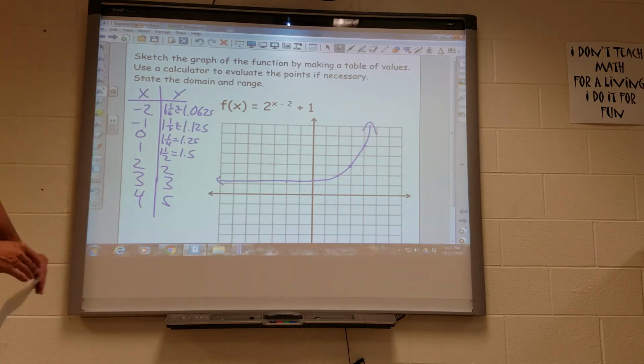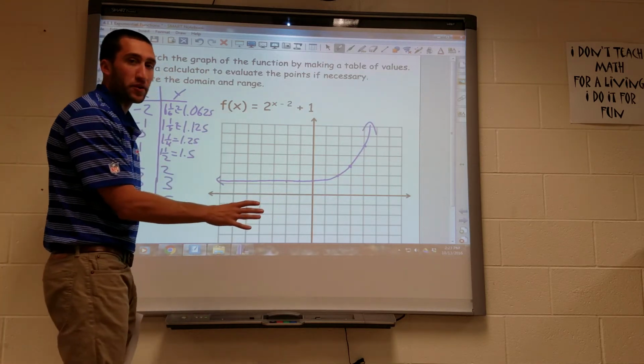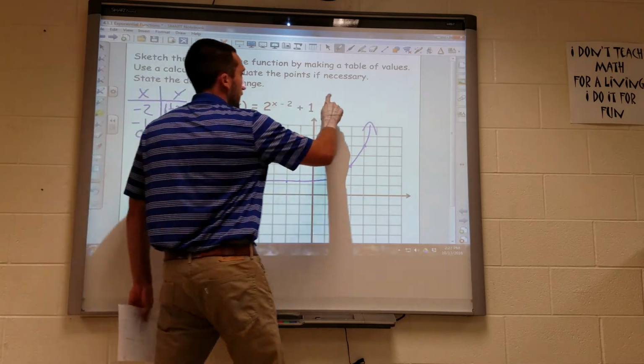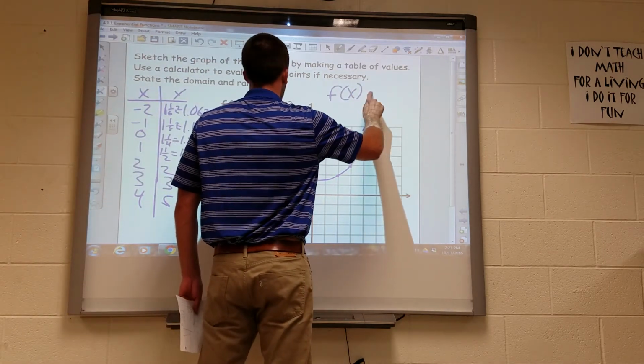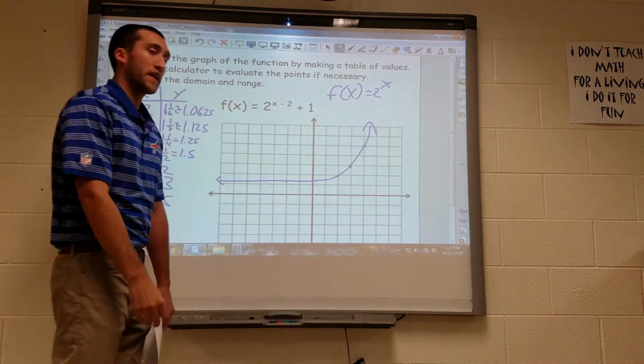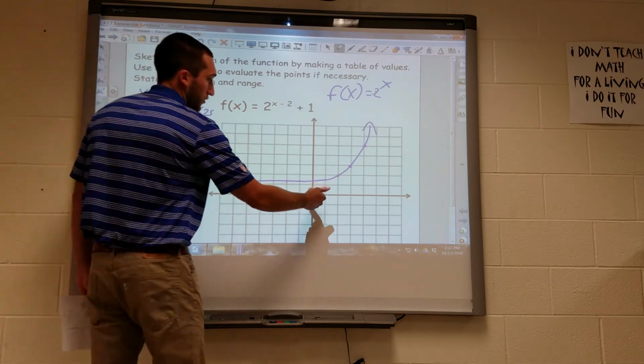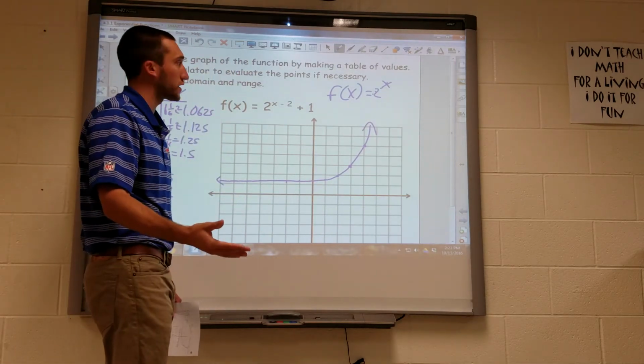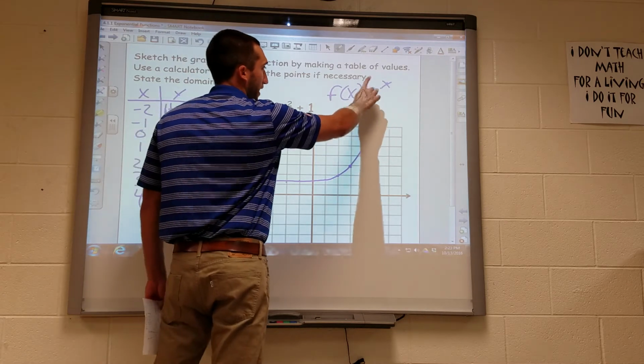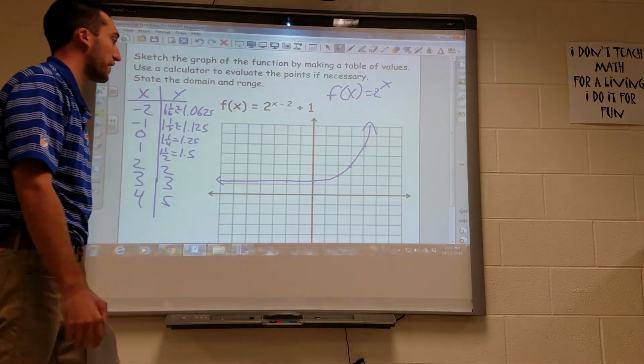Okay, and what has happened here, right? So the original, if it was just f of x equals 2 to the x, that would go through the point 0, 1, like I said, exponential functions will, if it's just a constant raised to the power of x.